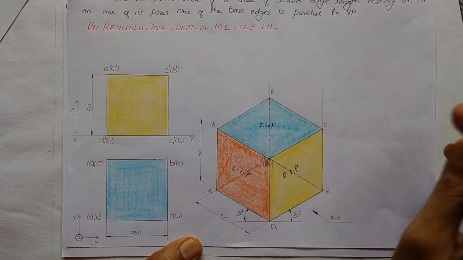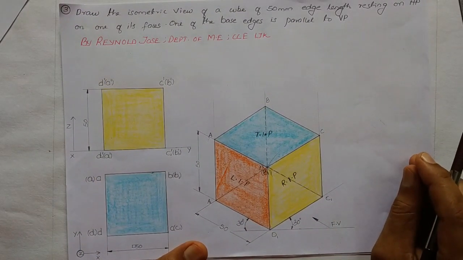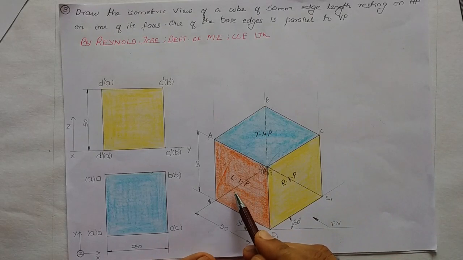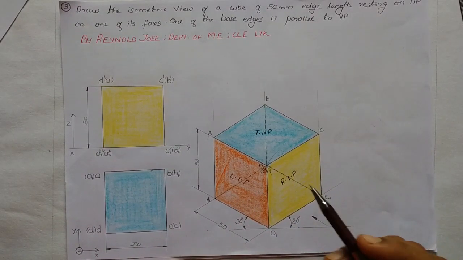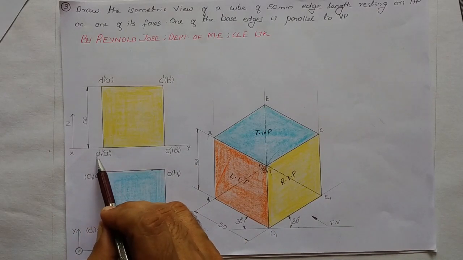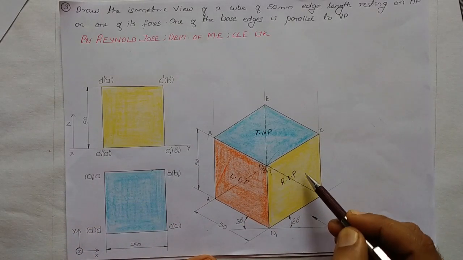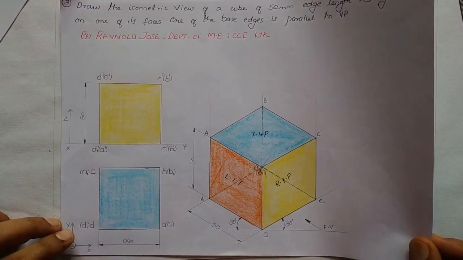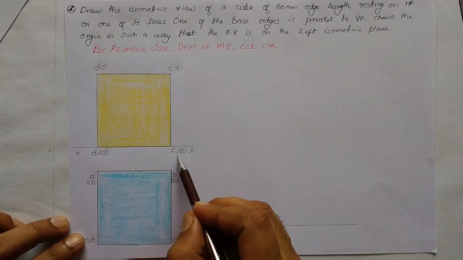In question 4.3, nothing is specifically mentioned about where the front view must be located, whether on the right isometric plane or on the left isometric plane. If nothing is mentioned, we shall take point d1 as the origin such that the front face will be on the right isometric plane. So in the present problem, we will be taking c1 as the origin.